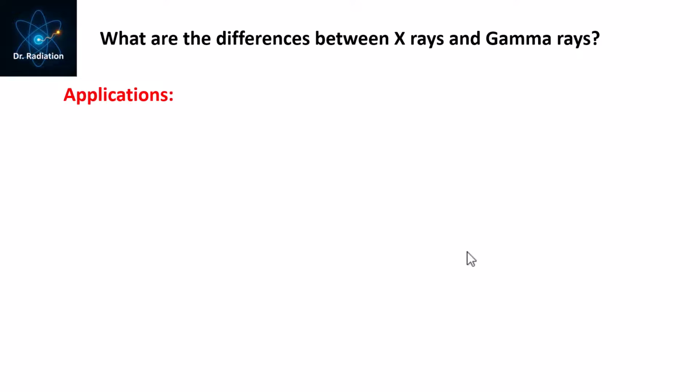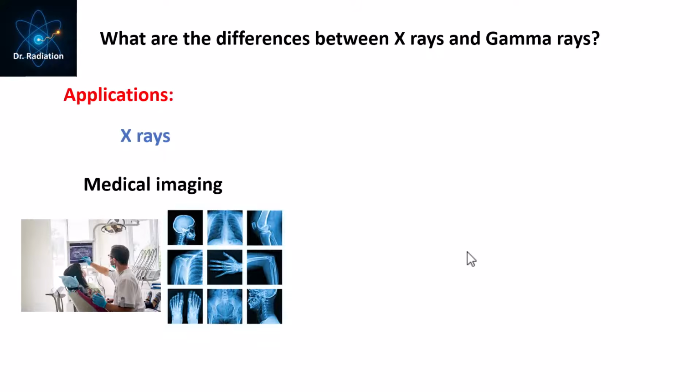Now let's talk about the applications of X-rays and gamma rays to know more about their differences. X-rays are used in medical imaging, in dentistry, and for practically every part of the human body, mostly to see bone fractures and anatomical disorders.